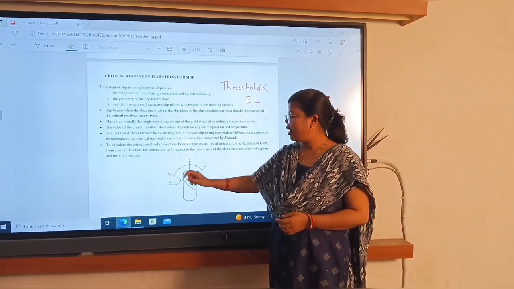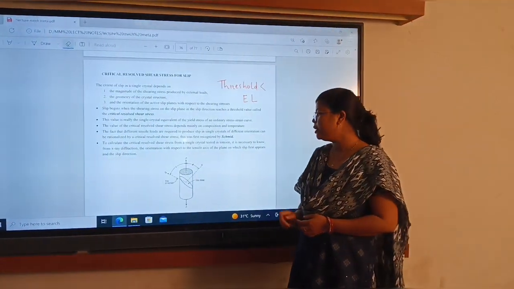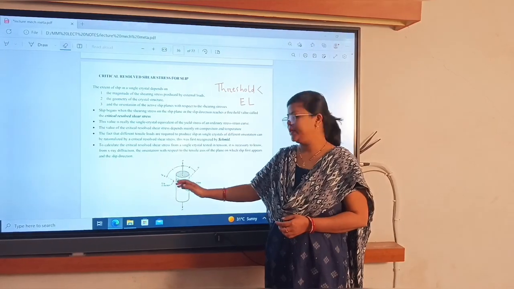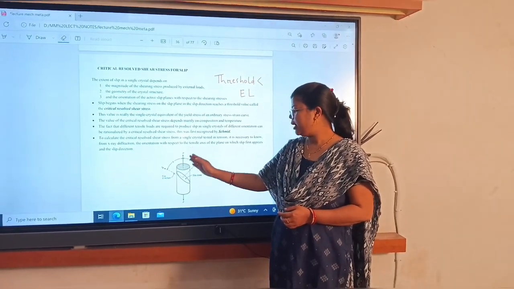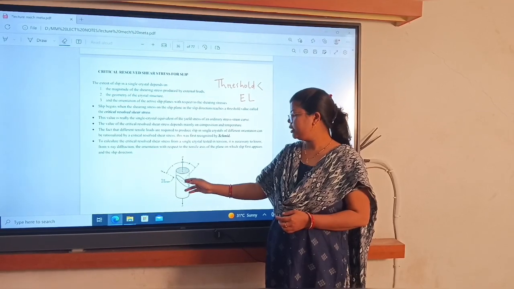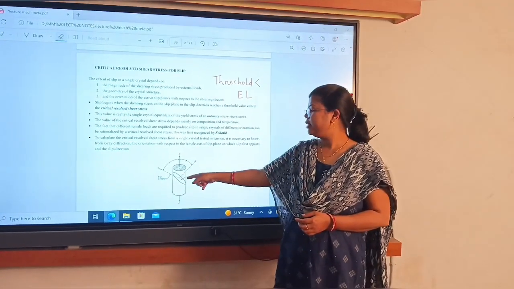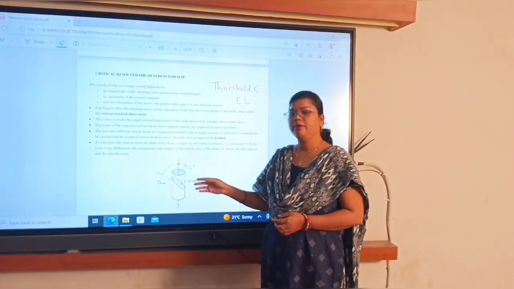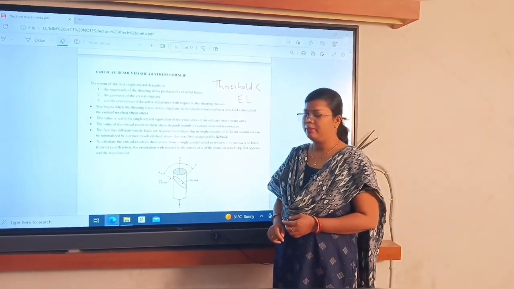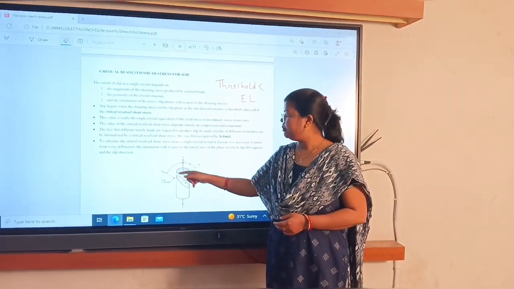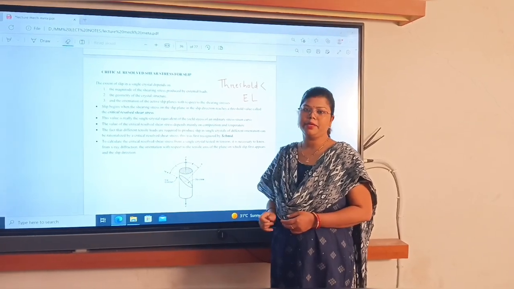This tau r is the slip direction on which the slip is probably taking place. There will be an angle between this load and this normal, and similarly an angle between this load and this slip direction.